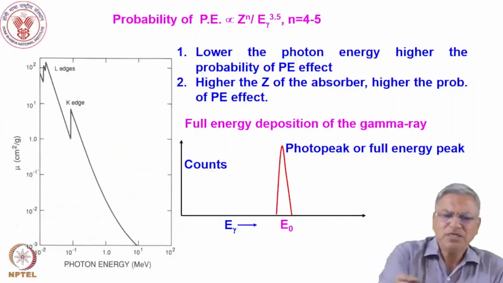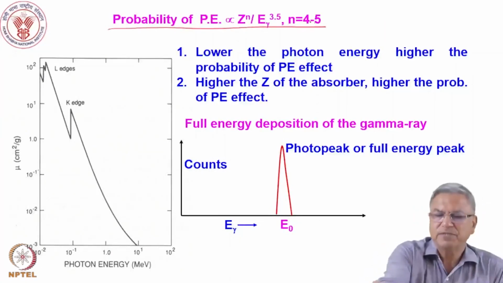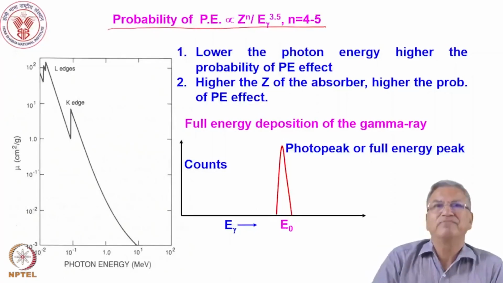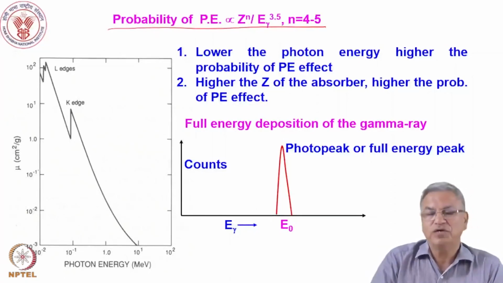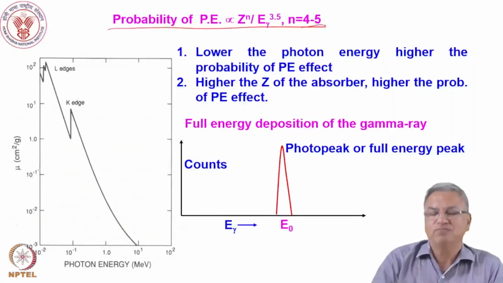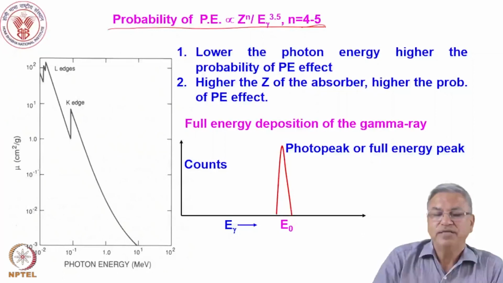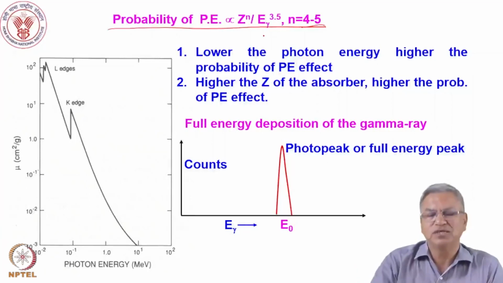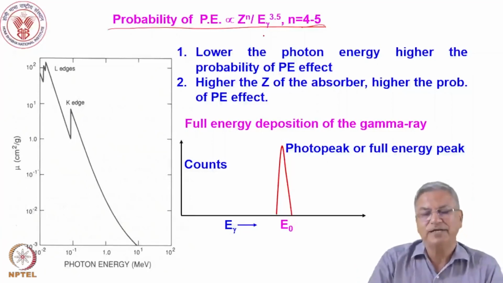The probability of the photoelectric effect depends heavily upon the Z of the absorber, Z to the power n, where Z is the absorber atomic number, and this n value is quite high, 4 to 5. Whereas it depends upon the energy of the gamma ray in an inverse way, E to the power 3.5. These dependencies come from electromagnetic theory, so we will not go into details of how they were arrived at.